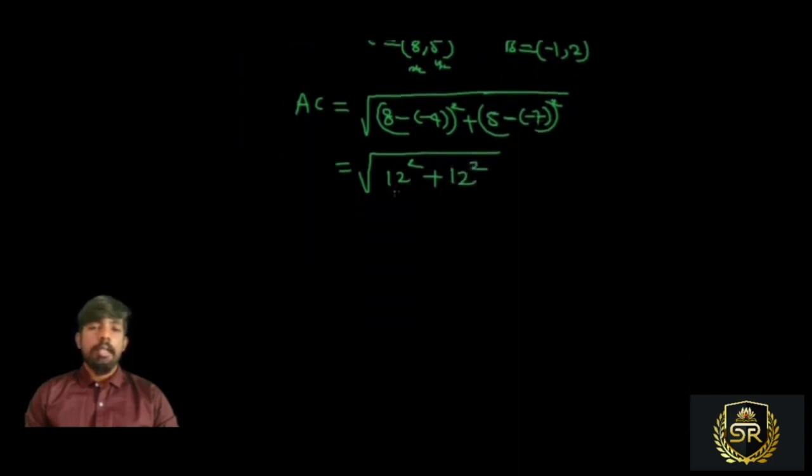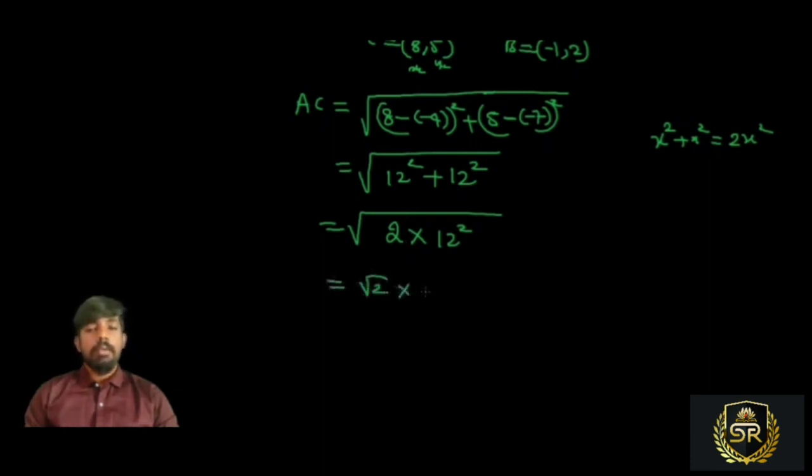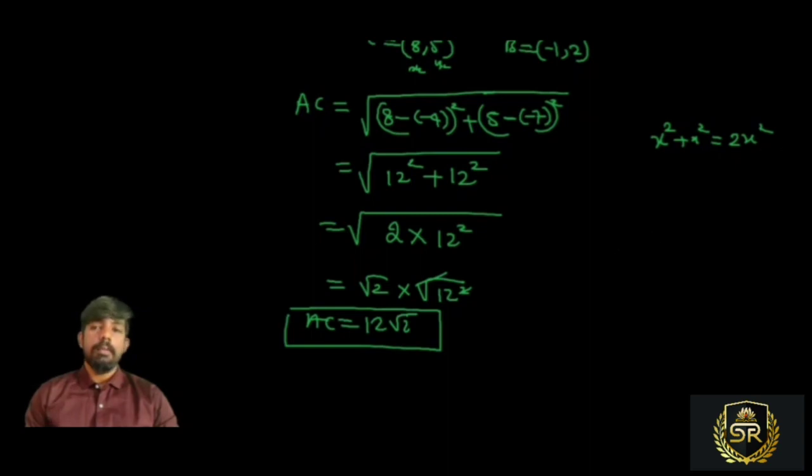Let us say this is x square plus x square, which can be written as 2x square. Similarly, inside the root it is 2 times 12 square. Now root 2 into root 12 square, the square root cancels, giving 12 root 2. AC distance is 12 root 2.